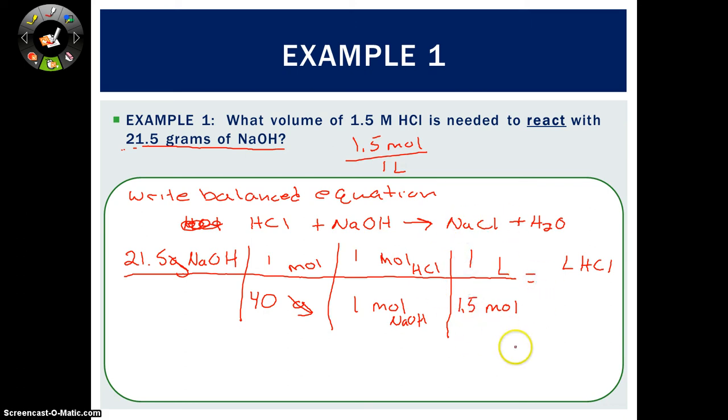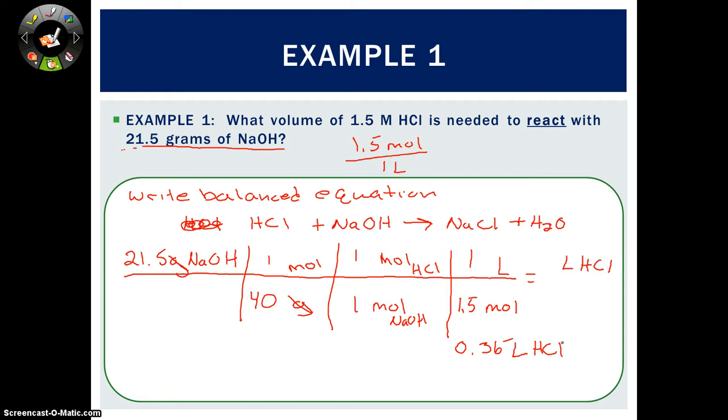This is my ratio. So 1.5 moles per 1 liter. For volume of a liquid, the conversion is your molarity. So I do 21.5 divided by 40 divided by 1.5. And I get 0.36 liters of hydrochloric acid.